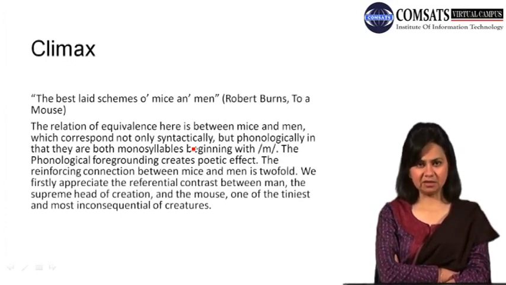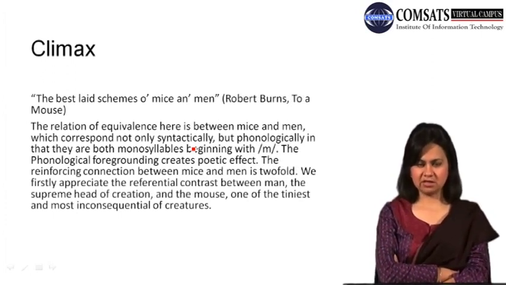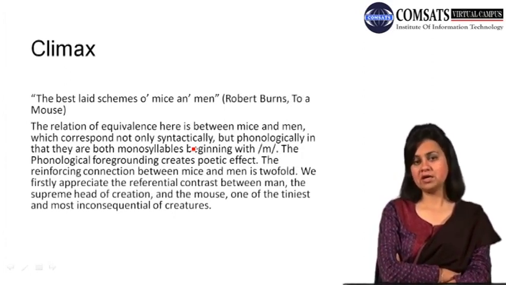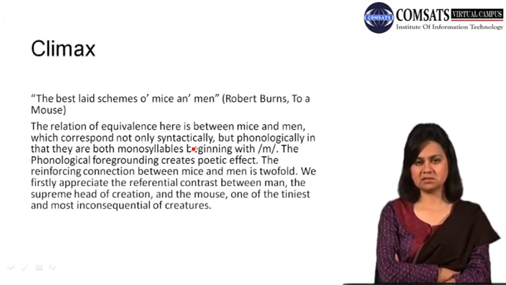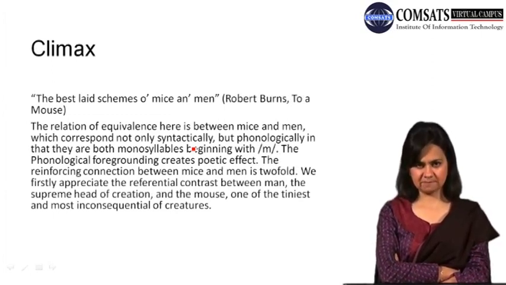As we are locating parallelism in structures, the first thing, for the sake of understanding how parallelism operates and functions in a writing, we locate similarity. Now, where does similarity exist in these two objects? Mice, men. If you utter it aloud, they both are monosyllabic. Mice and men, both the words cannot be divided into two syllables, so they are monosyllabic.